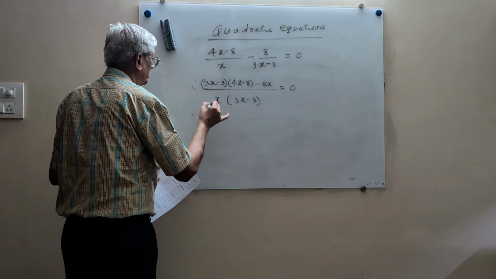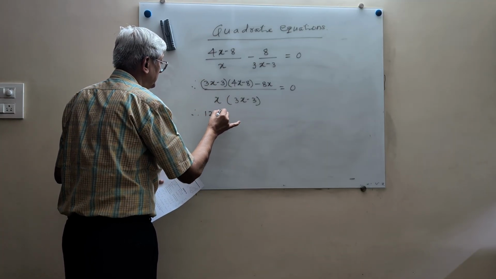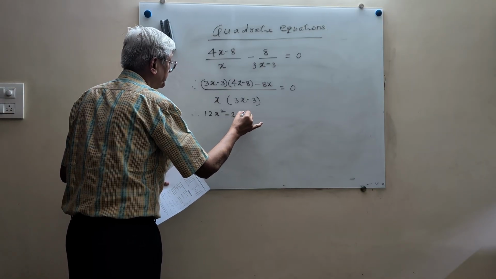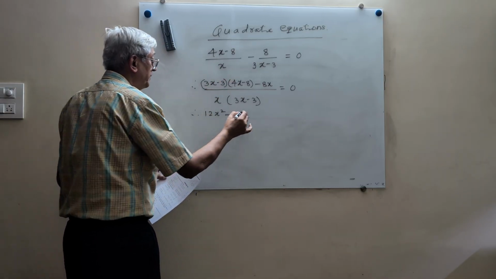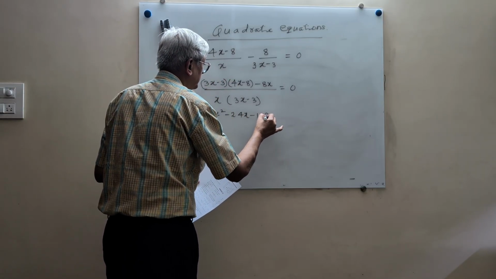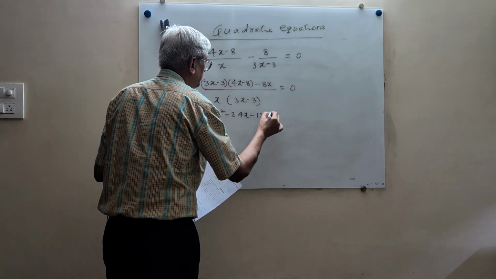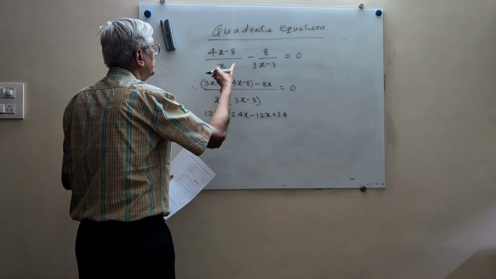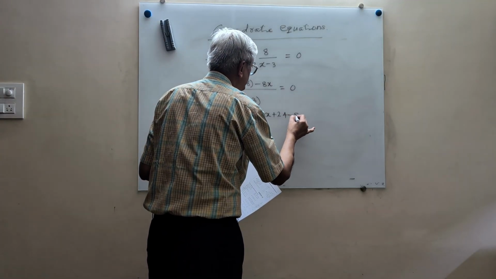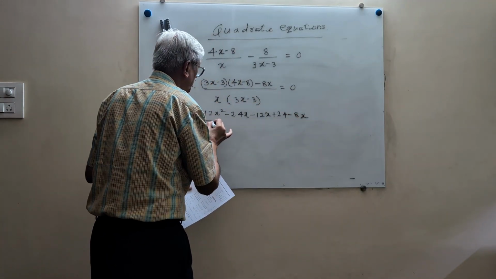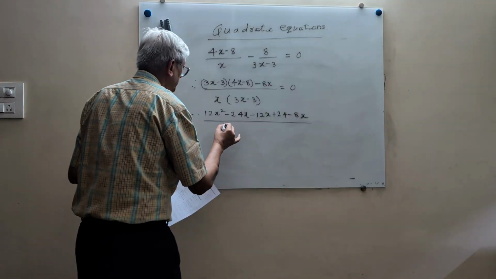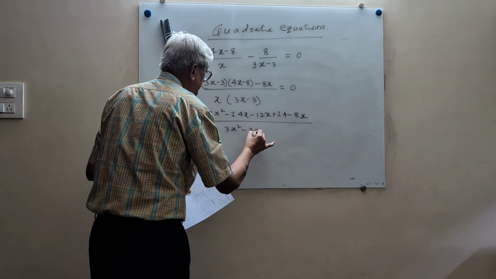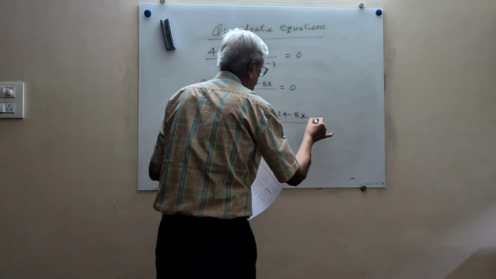Therefore 12x squared minus 24x minus 12x plus 24 minus 8x upon 3x squared minus 3x equals 0.